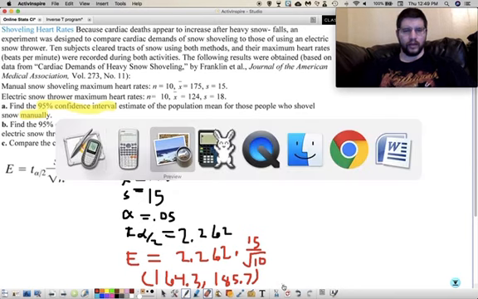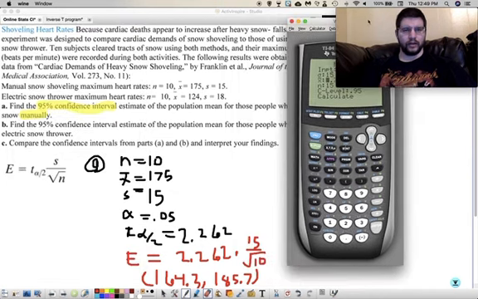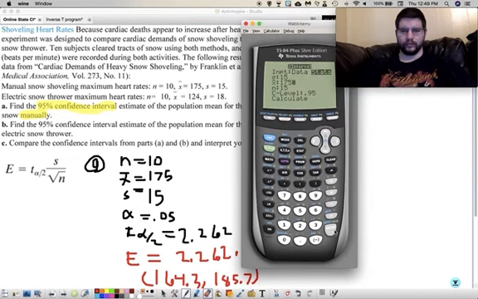Okay. TI users, we go to test number 7. We got stats. That's 15, 175 and 10. Again with a 95% confidence. Oh, and what did I just do?